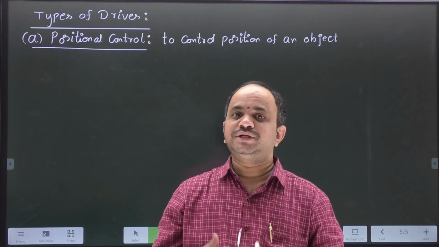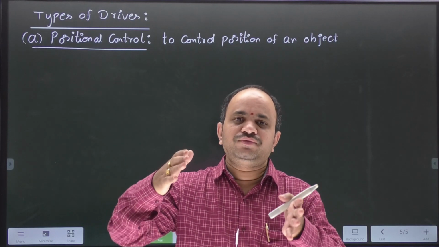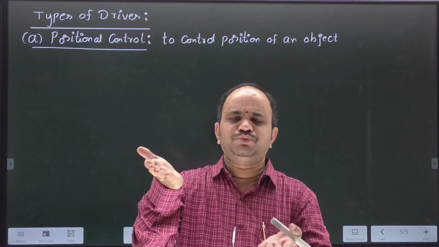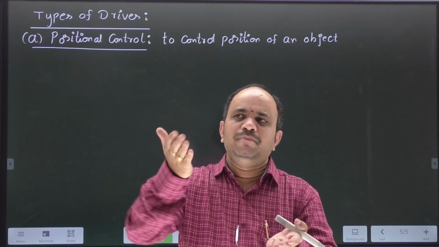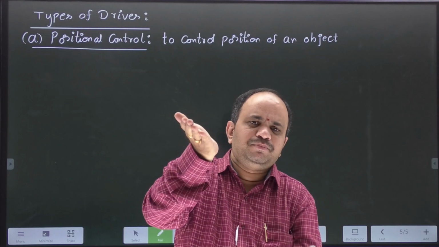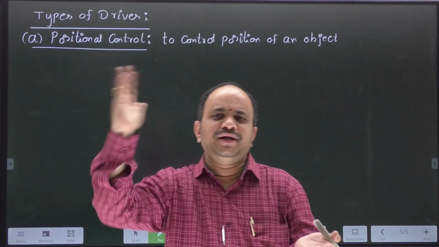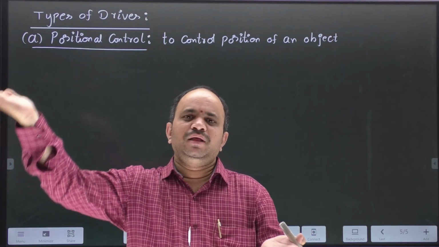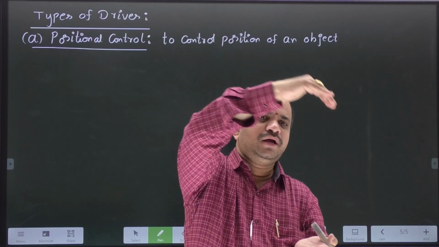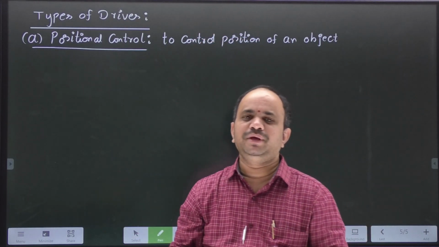So it all depends on the duration of a day. Say for example, the solar panel is fixed at one particular angle, but the sun is at a different position. The panel is facing like this, and the sun is somewhere in the morning, at another angle in the afternoon, and another in the evening. So the sun position will be varying.